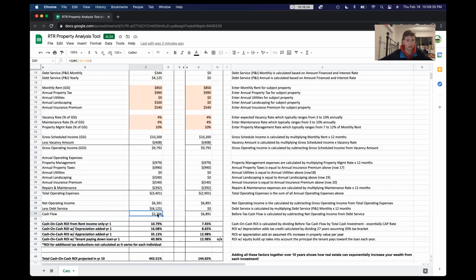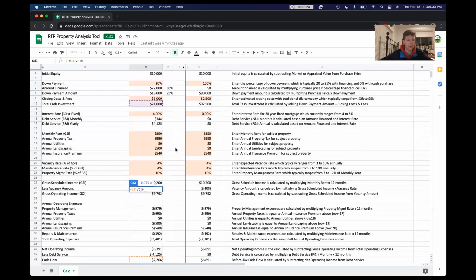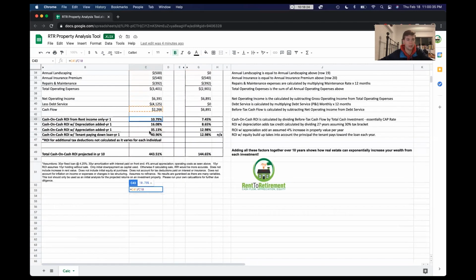So we're going to subtract that out, and it's going to give us our cash flow, which we're going to see is going to be $2,266 per year. Now, all this to be said, our cash on cash return, or ROI, from our rental income just for 1 year is going to be 10.79%. And the way we see that is we take our total cash invested and divide our cash flow into it, right? Our cash flow divided by our total cash invested.